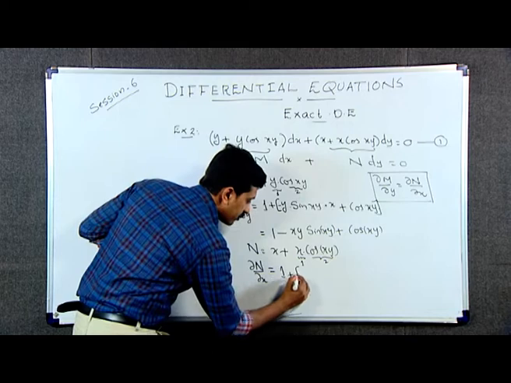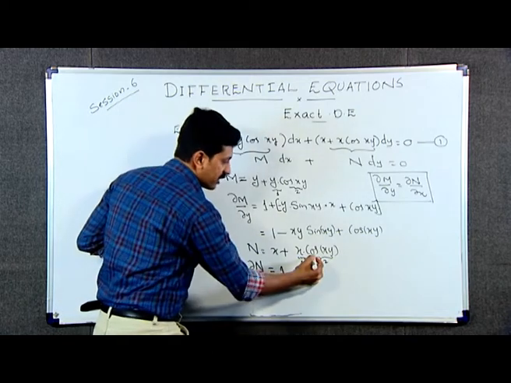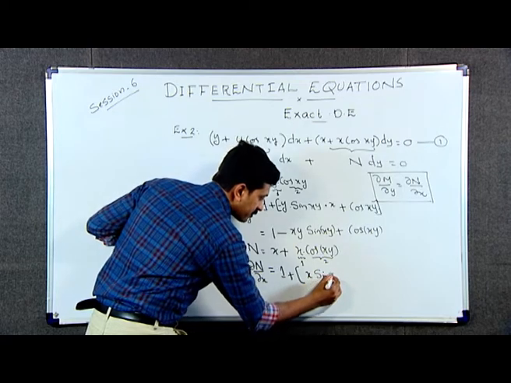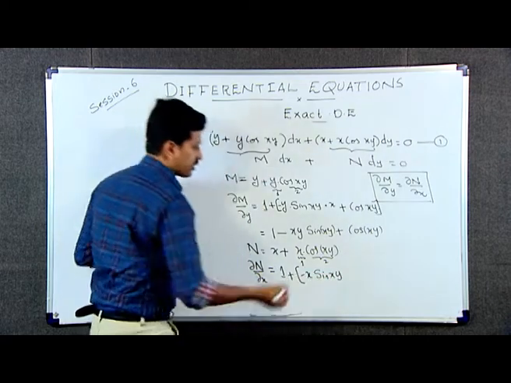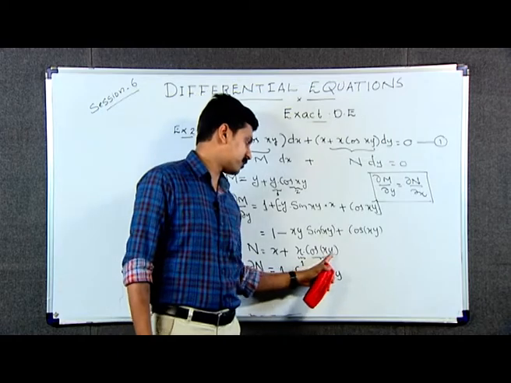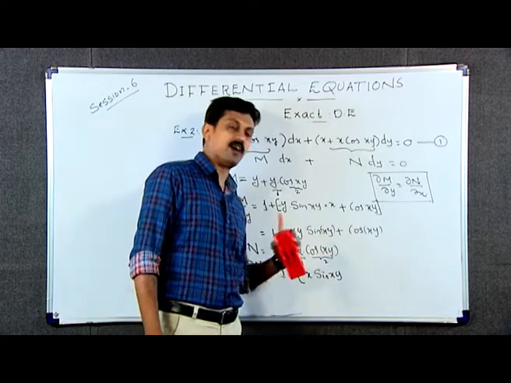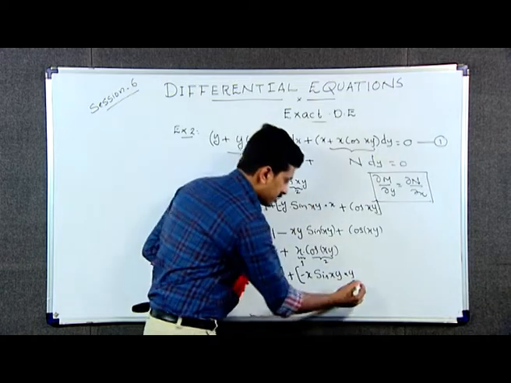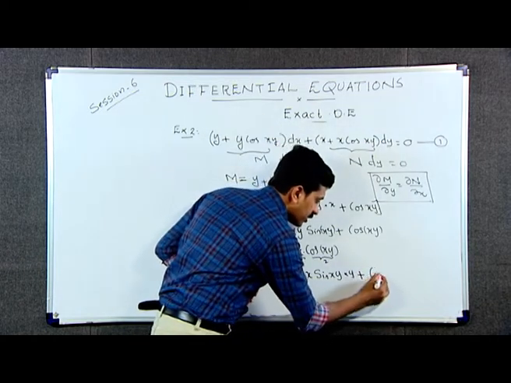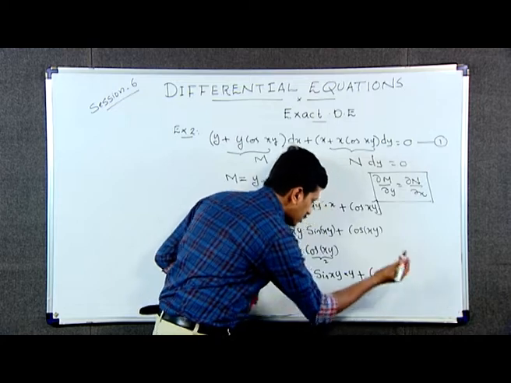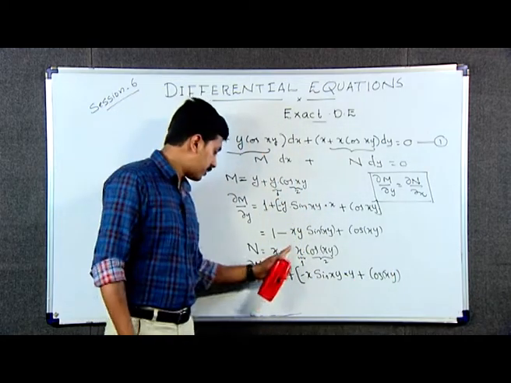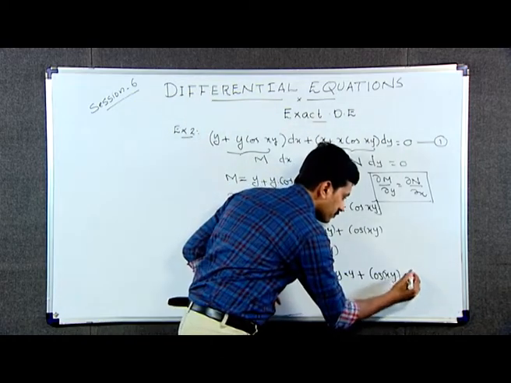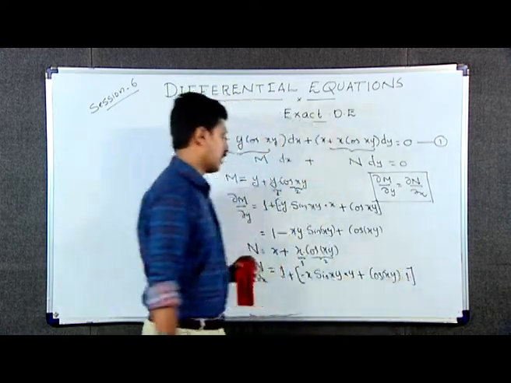So the first function x into the derivative of cos of xy: the derivative of cos is minus sine of xy, the negative sign is here, and for the derivative of xy, x is the variable and y is a constant, therefore into y, plus for the second function cos of xy into the derivative of x. We are differentiating partially with respect to x, therefore the derivative of x is 1.